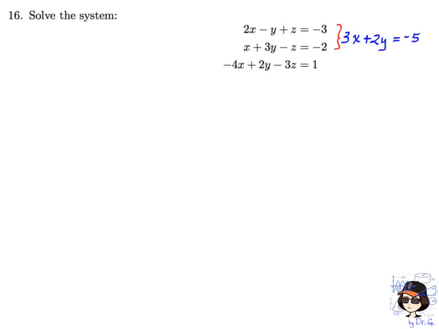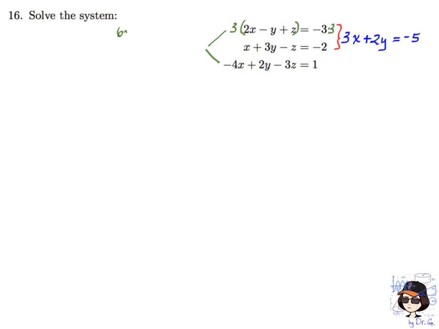Okay, so I have to use a different pair of equations, but I have to eliminate the same variable. Since I already got rid of z, I have to get rid of z again, but I have to use two different equations. So I'm going to take the first equation and the third equation. I'm going to multiply the first one on both sides by positive 3. And then I'm going to add these two together.